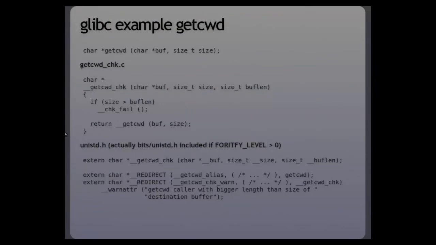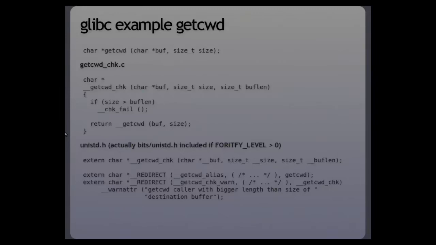So how it works is, I actually cleaned this up a bit because glibc header files are interesting to read, but basically it defines this new function. It redirects the original get working directory to an alias.